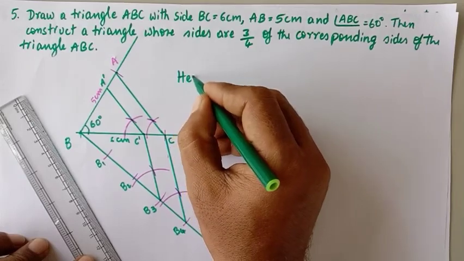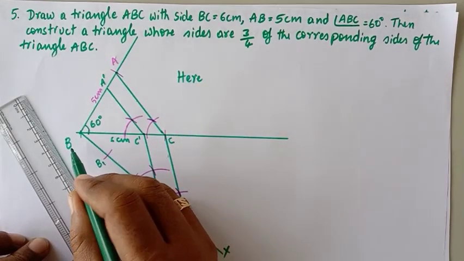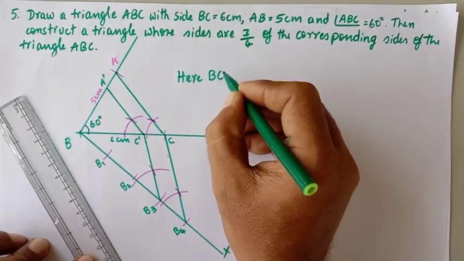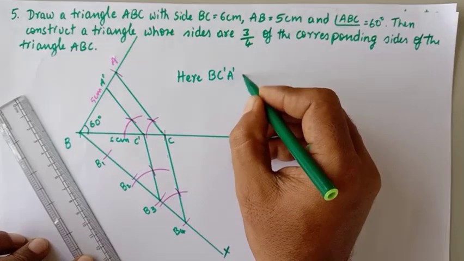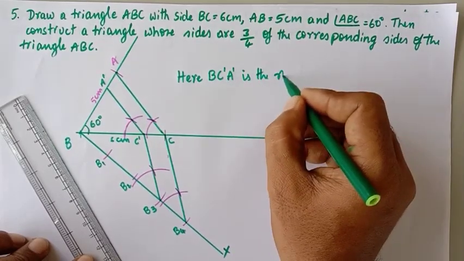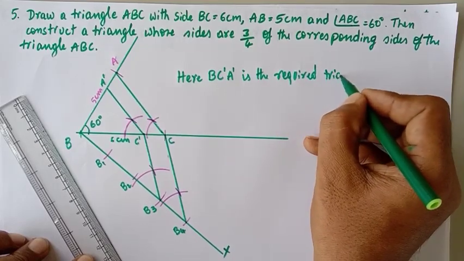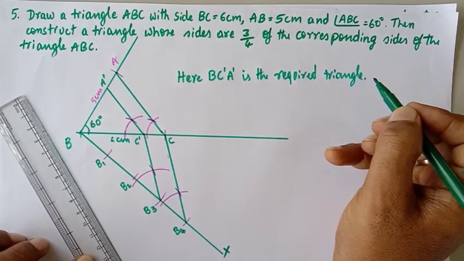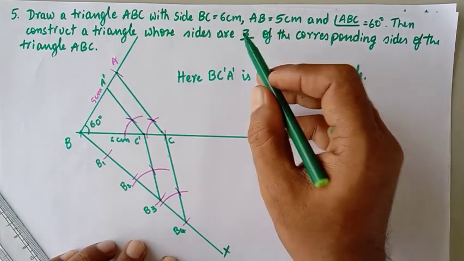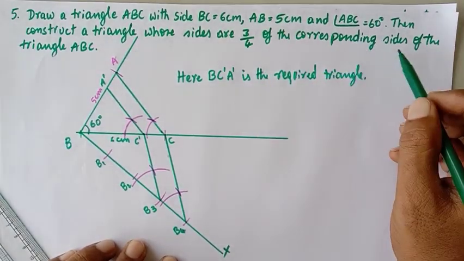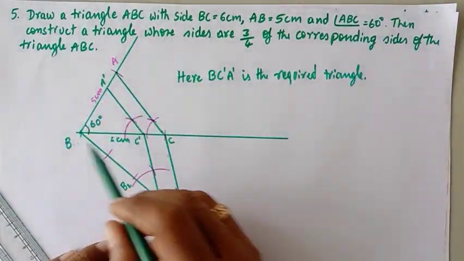Here B C dash A dash is the required triangle whose sides are 3/4 of the corresponding sides of the triangle ABC.